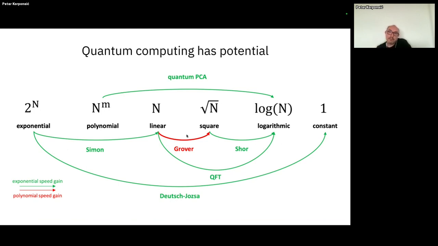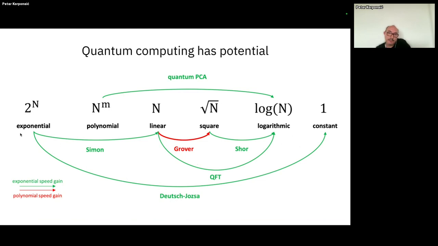Now, if you understand complexity, then you understand how big an impact this can have on every industry. Something that takes hours or months or years to calculate, for example, if it is an exponential problem, can be calculated in a split second on a quantum computer.